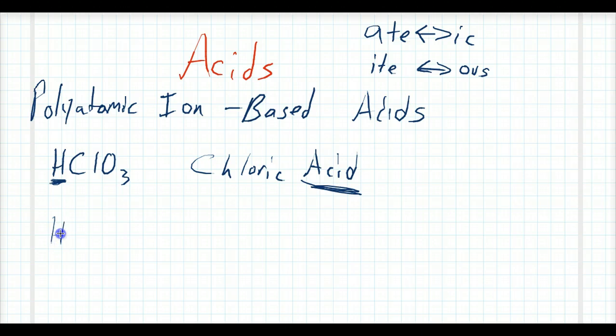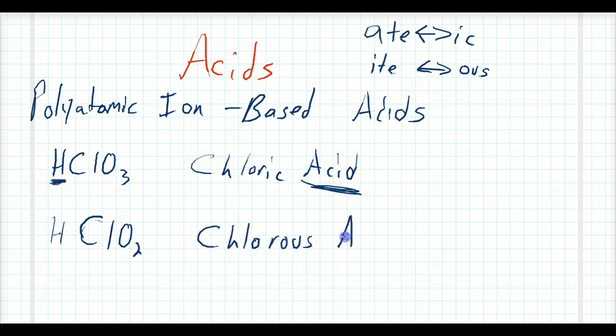All right, the sister acid would be HClO2. With our naming sequence, this is chlorite, so it would go to chlorous acid. Okay, so the acid again was represented by the H, and the ate-ic, ite-ous rule holds true here.